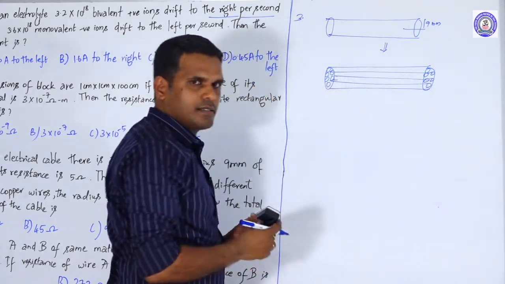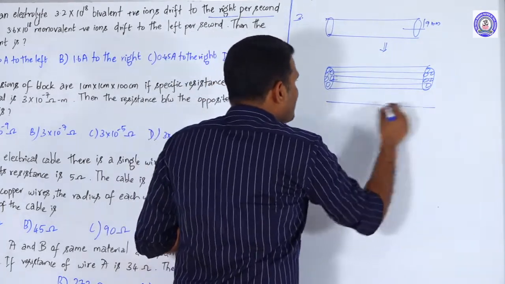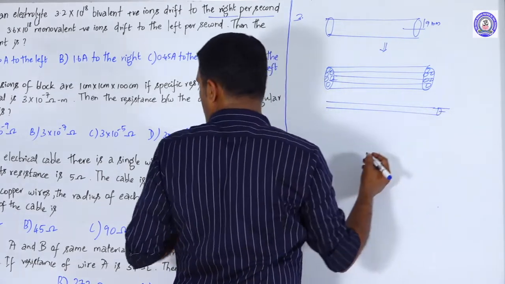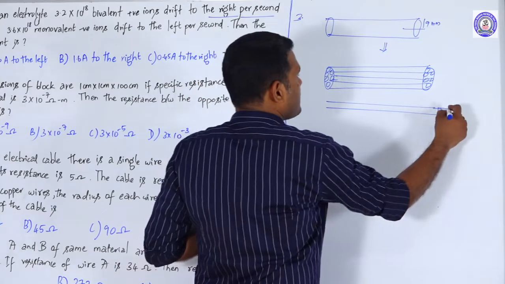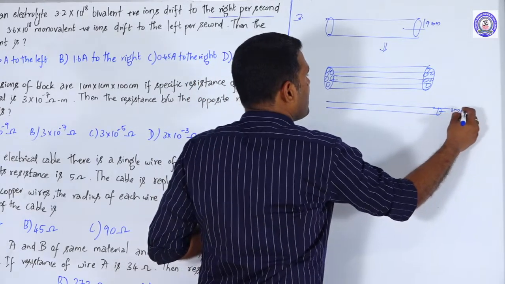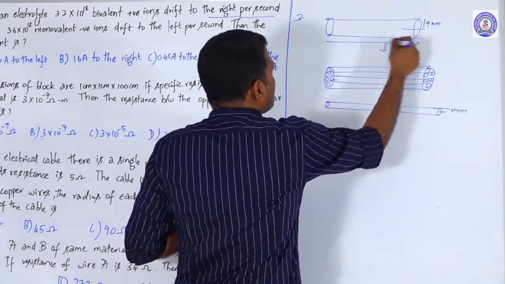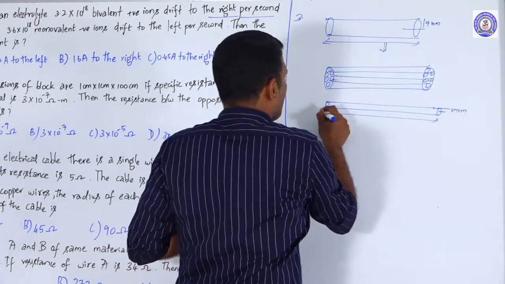Each single wire has a radius which is given by 3 millimeter.